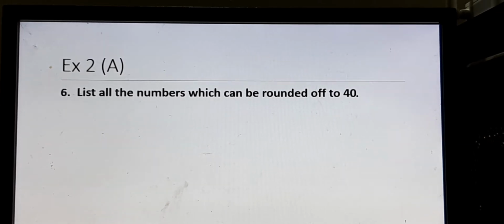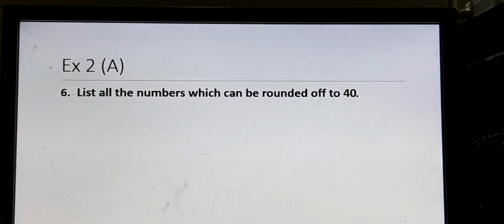We know that from 5 in the units place, all the numbers can be rounded off to the higher number. So we have to start from 35: 35, 36, 37, 38, 39, and after that 40. 40 is already 40, so no need of writing that.